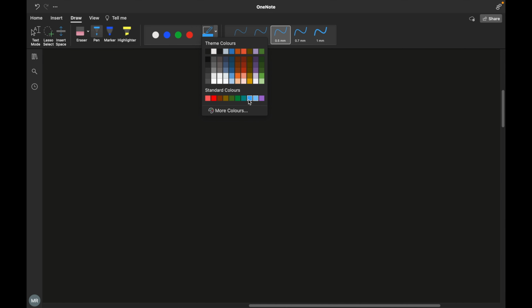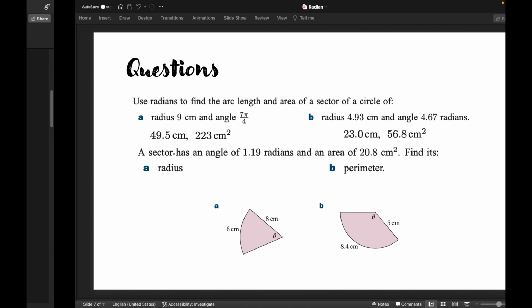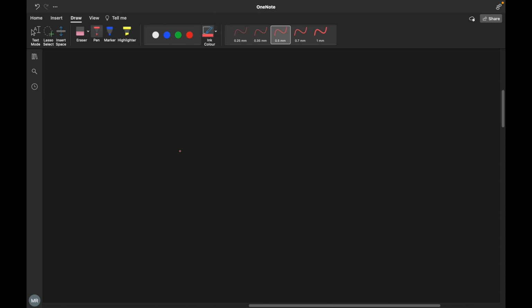So angle, theta equals 1.19, and area, which is A, is 20.8 cm squared.